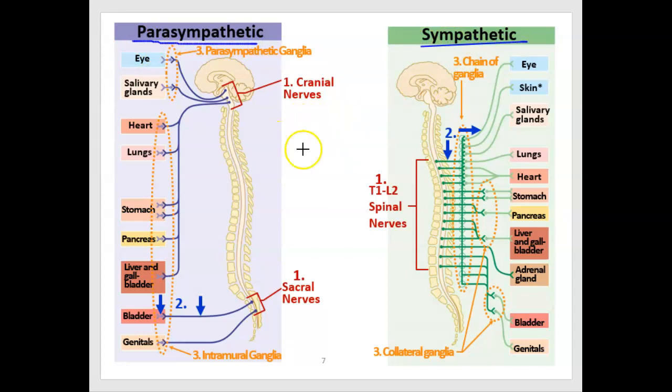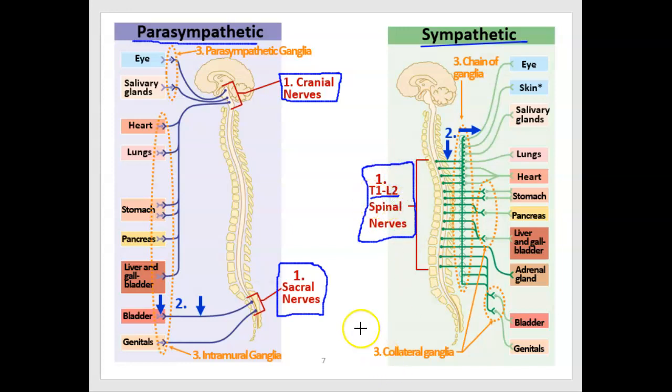So in terms of where these pathways begin, for parasympathetic, the beginning is either in the brainstem via a cranial nerve or the sacral spinal cord traveling within a sacral nerve. For sympathetic, the first neuron is traveling within a spinal nerve that started in either the thoracic or the lumbar spinal cord.